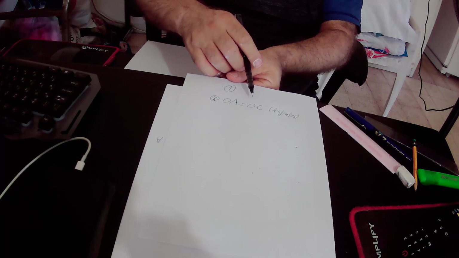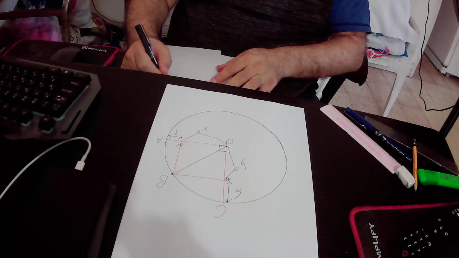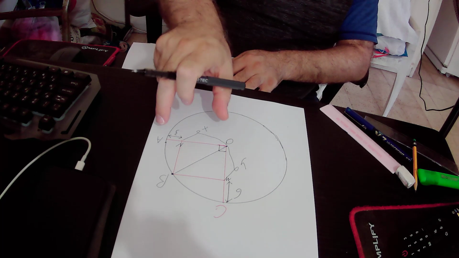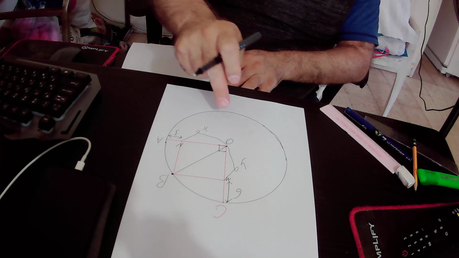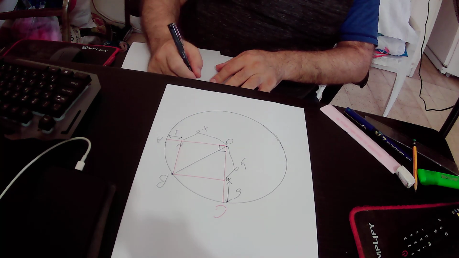OC equals OA, and OA is X plus 3. So we can substitute OA in equation number 1 by X plus 3.